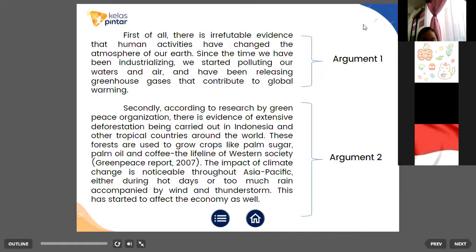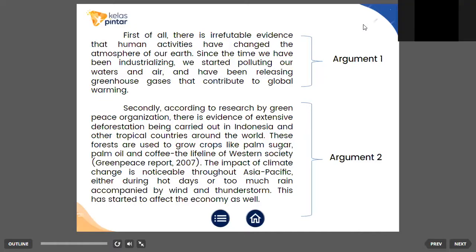Secondly, according to research by the Greenpeace organization, there is evidence of extensive deforestation being carried out in Indonesia and other tropical countries around the world. These forests are used to grow crops like palm sugar, palm oil, and coffee, the lifeline of Western society.